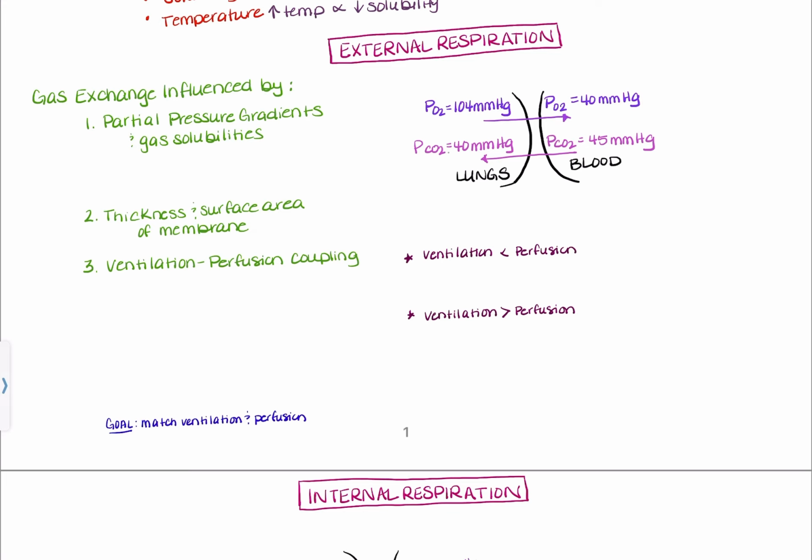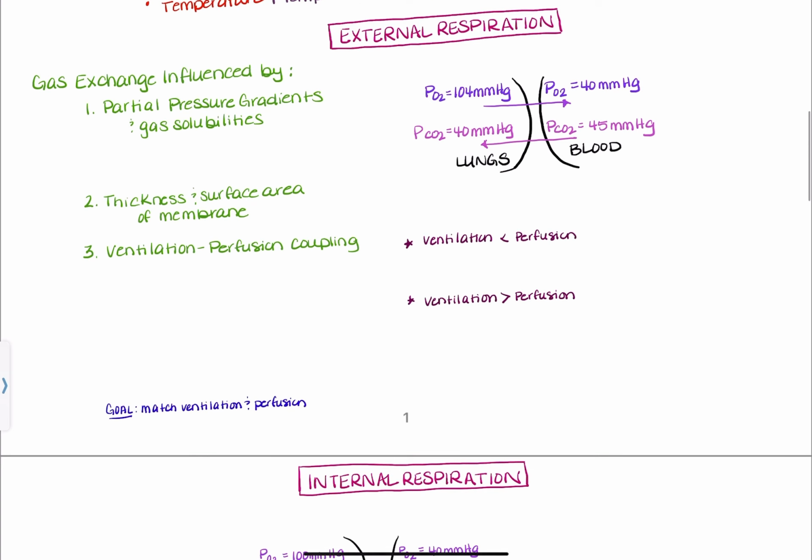The difference in the pressures of carbon dioxide is a lot smaller compared to that of oxygen. It doesn't matter. As long as it has a higher pressure gradient in the blood compared to the lungs, we're still going to get the same flow that we want for carbon dioxide.